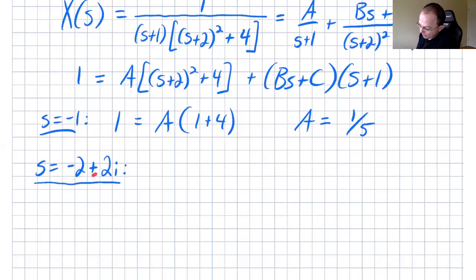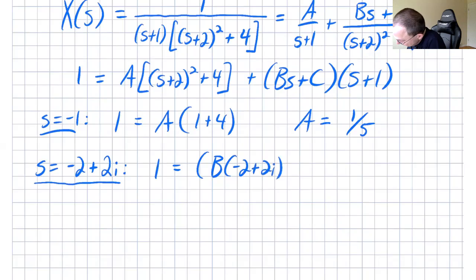It would be plus or minus 2i, but we can just use the plus, and that will allow us to solve for the B and the C. So on the left-hand side, we get 1, and then it'll be A times 0, and then we have B times -2 plus 2i plus C, and s plus 1, so that'll be -1 plus 2i.